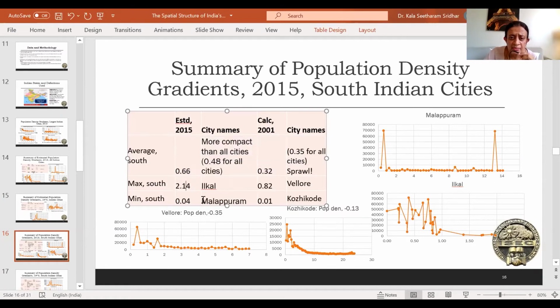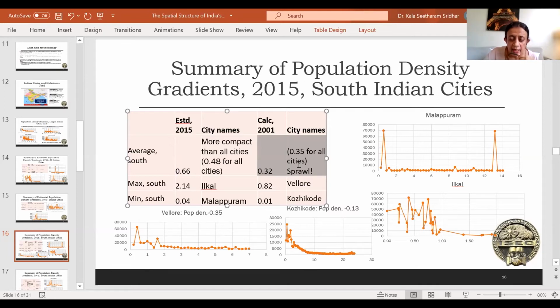And the maximum and the minimum is here. When we compare this with the calculated density gradient, the calculated one indicates a sprawl for South Indian cities, which I'm not sure about.